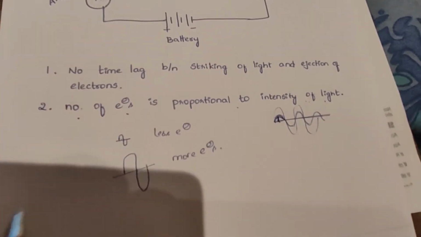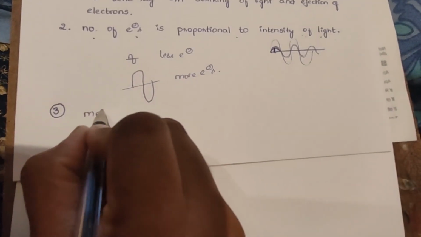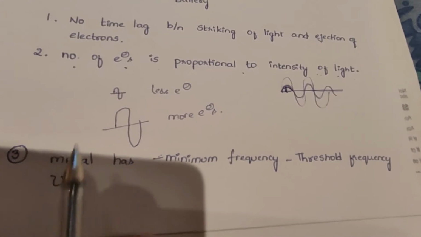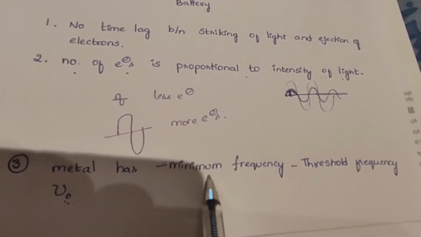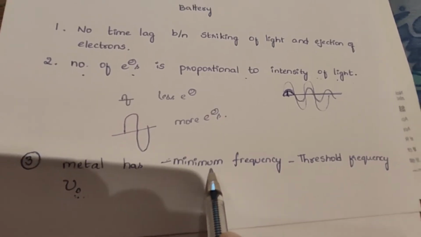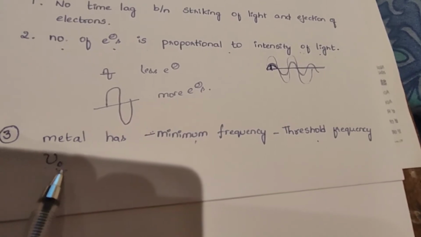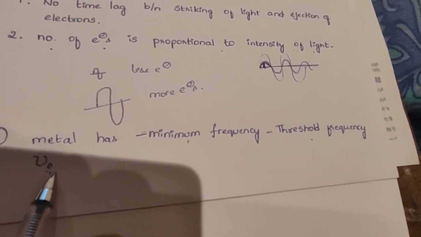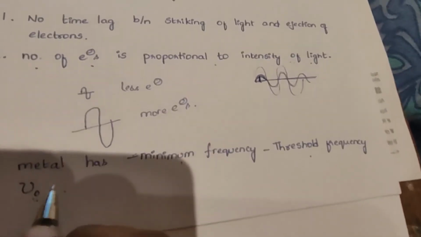Next, third one: each metal has a certain minimum frequency. It is also known as the threshold frequency. Let it be mu naught, below which the photoelectric effect is not observed.